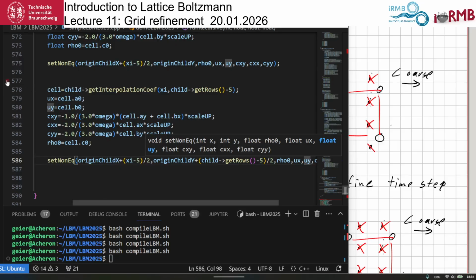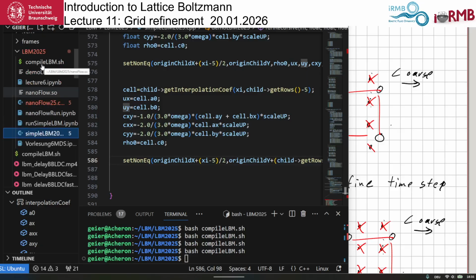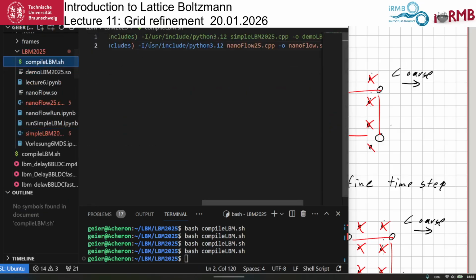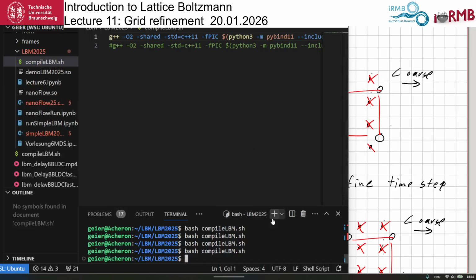Okay, I don't see my compile script. How do I open these files here? I'll prepare it like this, so that I can switch between the code that I use for preparing and the code that we use in the lecture. Save this, and then see whether it complains.